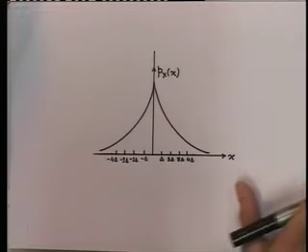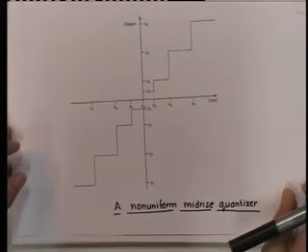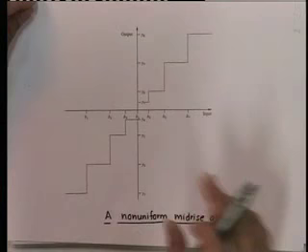So, a quantizer that has non-uniform intervals is called a non-uniform quantizer. An example of a non-uniform quantizer is shown in this figure.